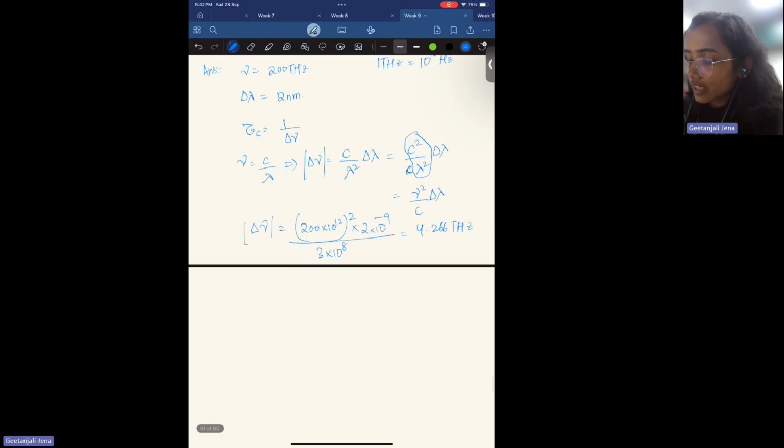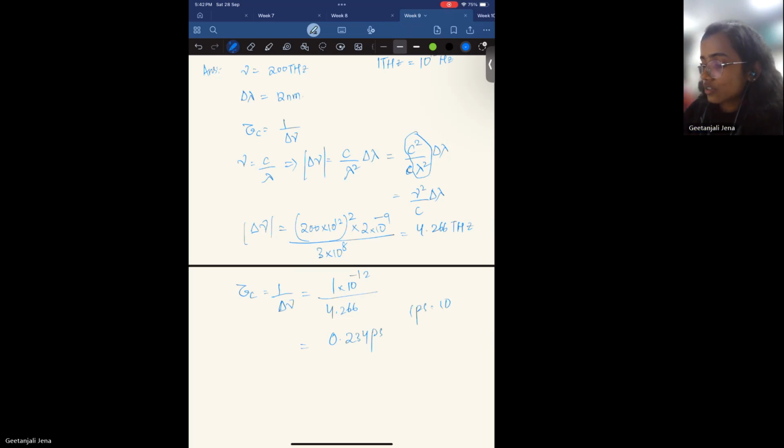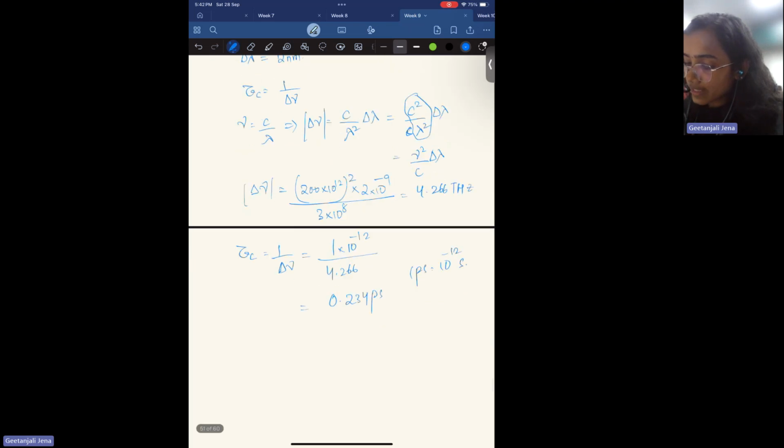Once you have calculated delta nu, calculate the coherence time, which is 1 by delta nu, 1 by 4.266 into 10 to the 12. This will come around 0.234 picosecond. 1 picosecond is 10 to the minus 12 seconds. So this is the coherence time.